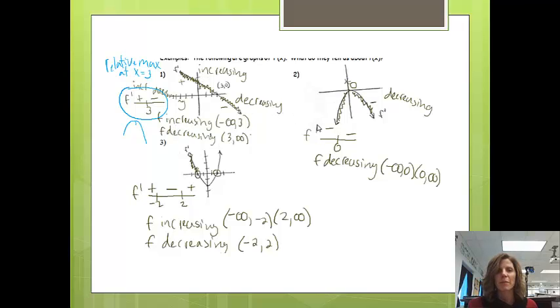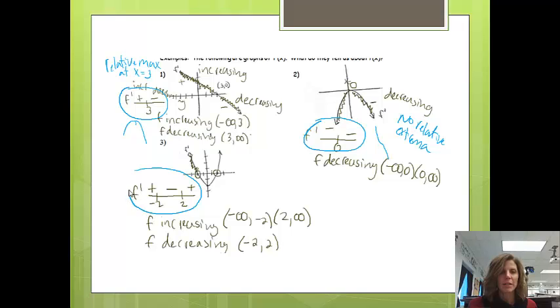Okay, if I'm looking at number 2, again, I'm just going to basically look at my chart right here. Notice the function's going down and then it's still going down. So the function never comes back up. So there actually are no relative extrema on this specific example. There are no high or low points, right? If I look at the next one, again, basically we can just look at the f prime chart that we already did.